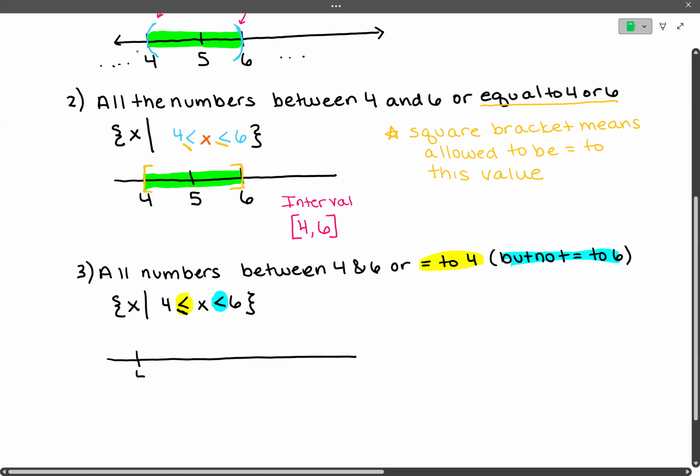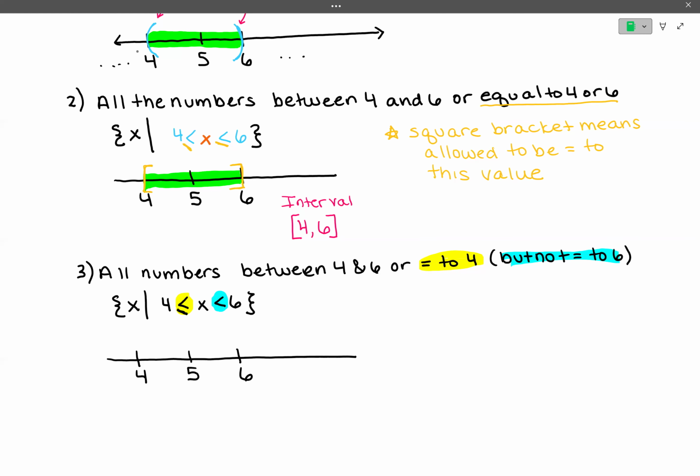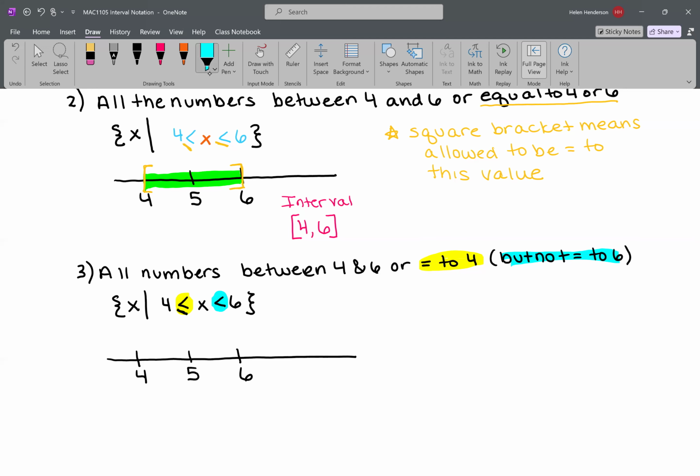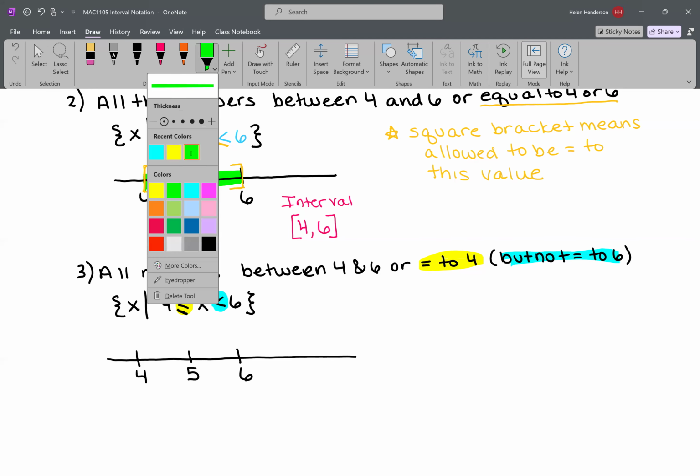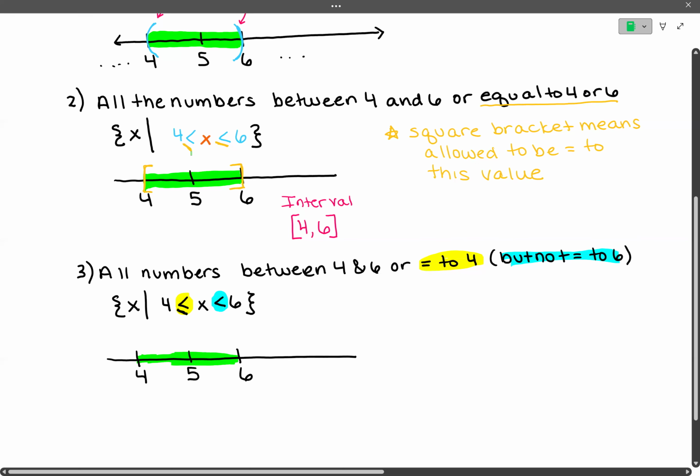Now, on a number line, I still only really care about 4 to 6. I'm only listing 5 so you can see the order, but normally I would just list the 2 numbers I care about in the proper order left to right. And I'm still going to highlight in between those guys, so in between 4 and 6.